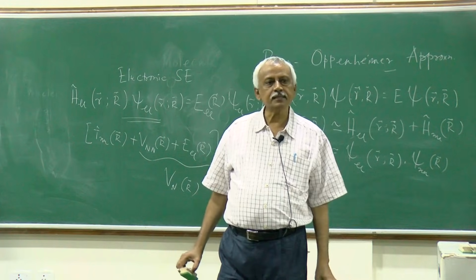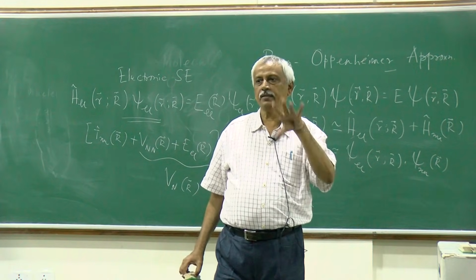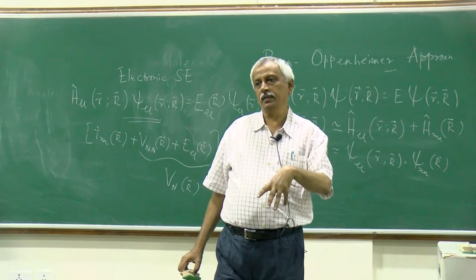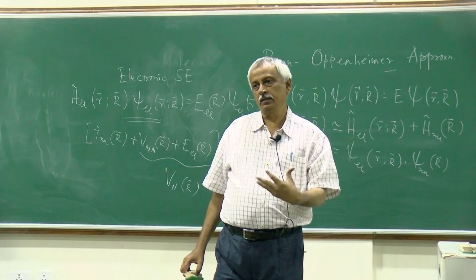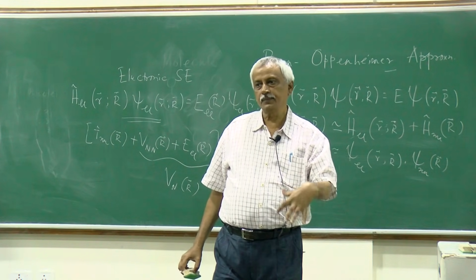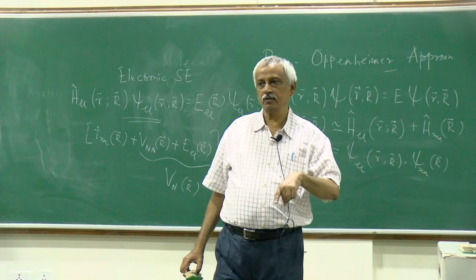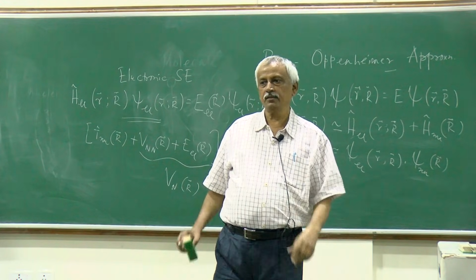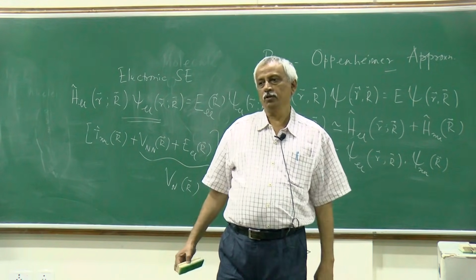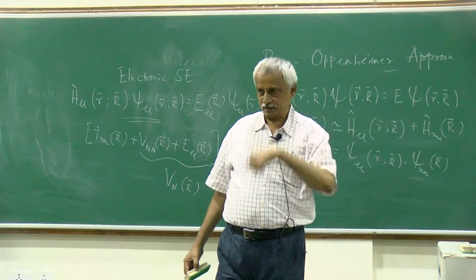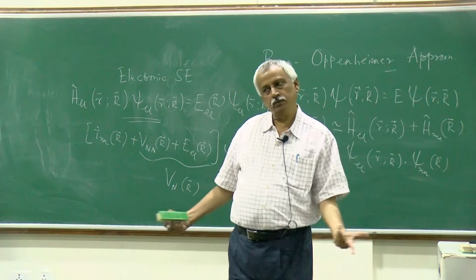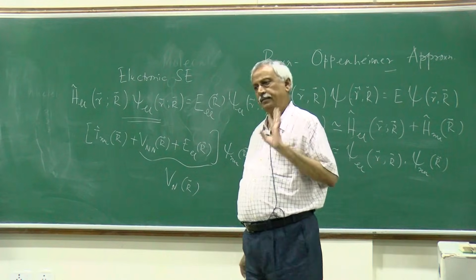So what are you doing basically? Freeze the nuclei, get capital R, from there get the electron-nuclear attraction, solve the electronic Schrodinger equation, generate the electronic energy, add it to nuclear repulsion, and then solve for the nuclear motion and reiterate this. You get a new set of nuclear coordinates and then reiterate.